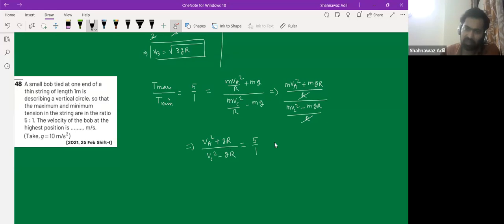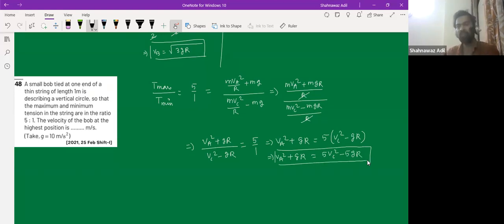So the equation is VA squared plus gR equals 5 times VC squared minus gR. So we have VA squared minus 5VC squared equals minus 6gR.